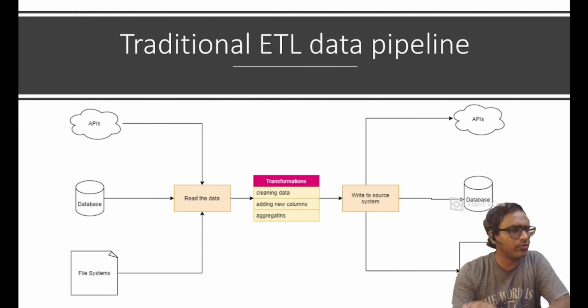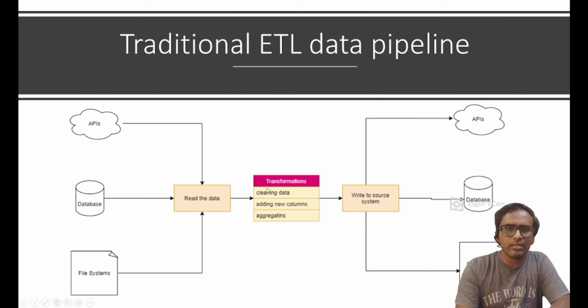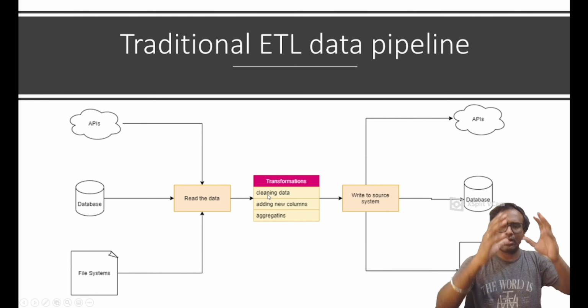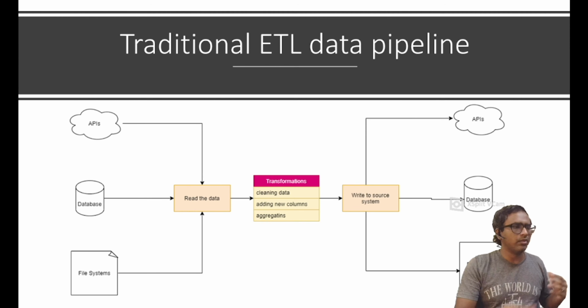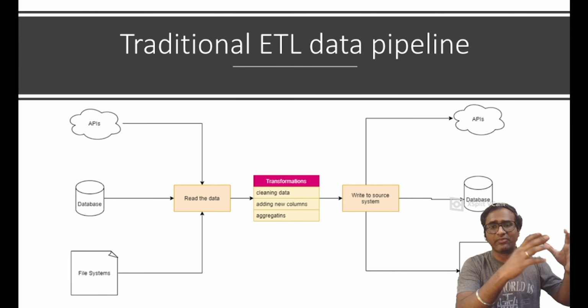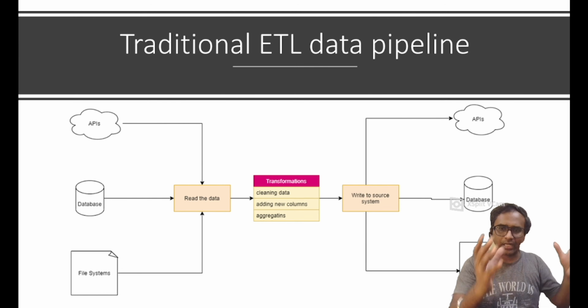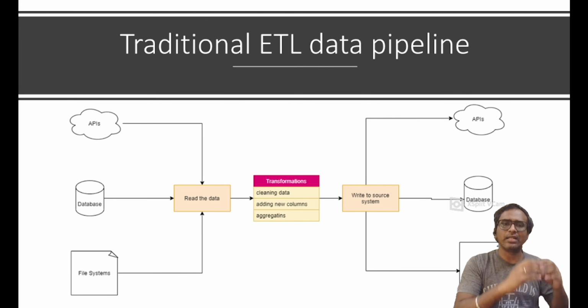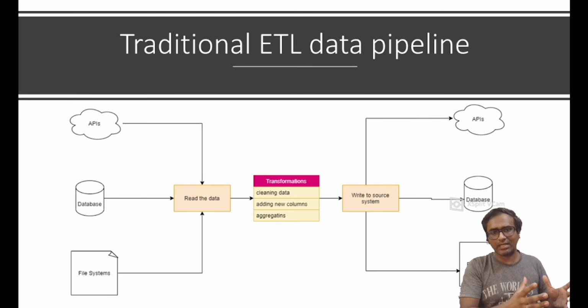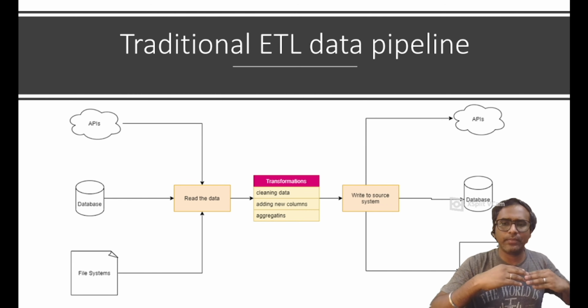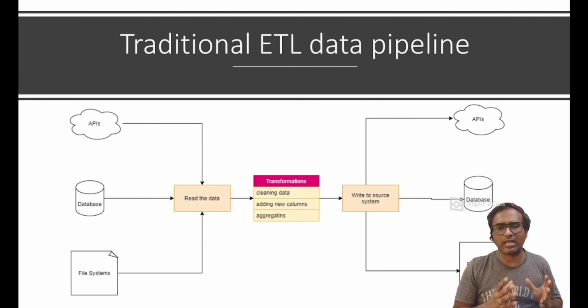Now, the transformation logic is the place where we write a lot of code. We have a lot of steps. I may read the data from different sources, then I need to clean the data, and after that I need to join the data from the different sources. We'll be doing lots of logic in the transformation.